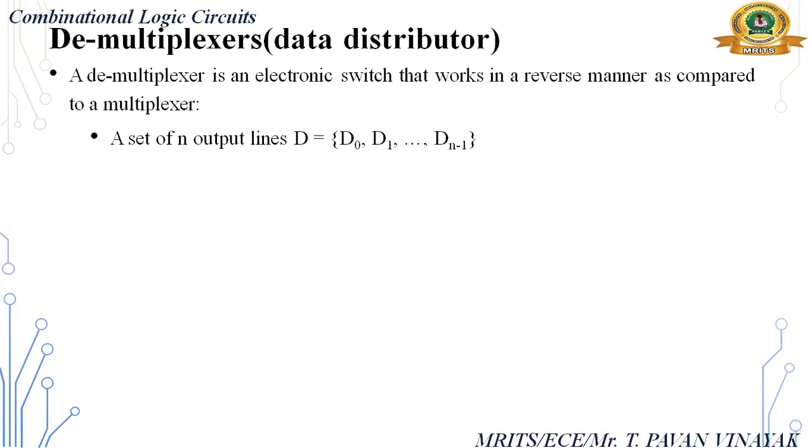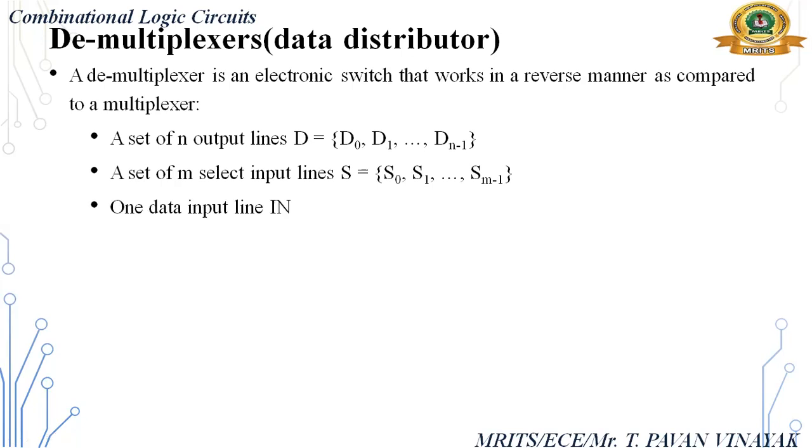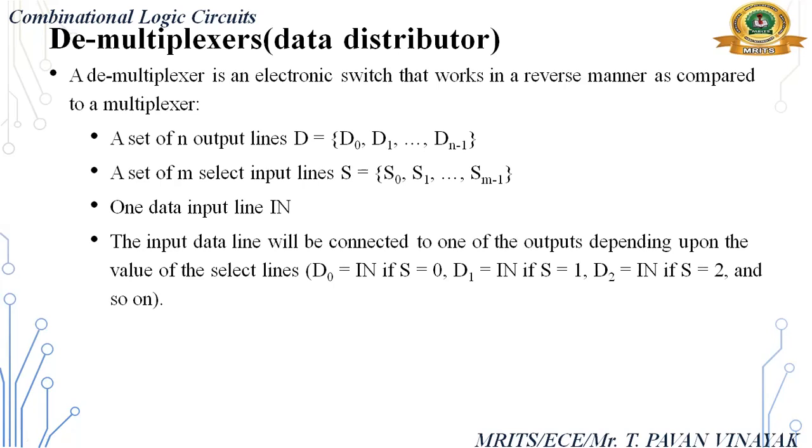It has n outputs, m selection lines, and one data input only. D0 is equal to the input if S is equal to 0. If S is equal to 1, D1 is equal to the input. Like this, so on we transmit.